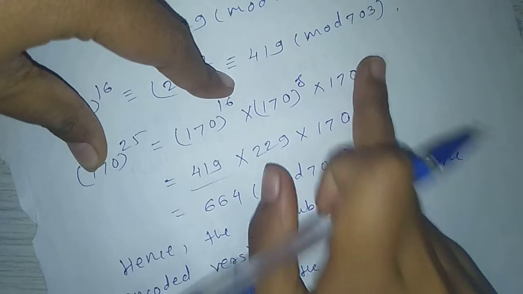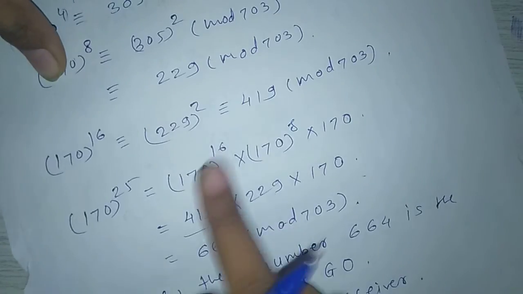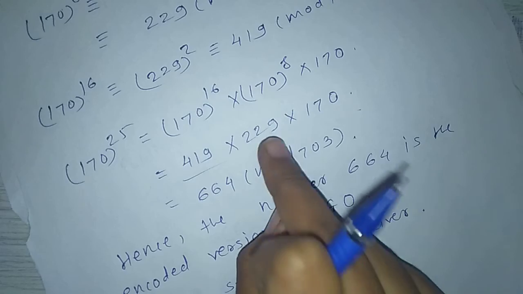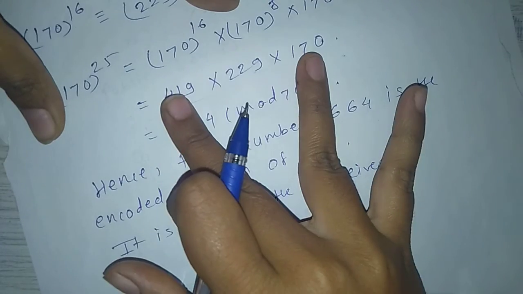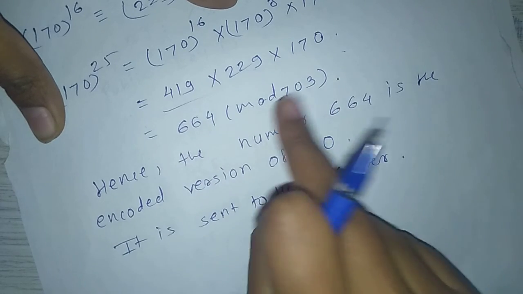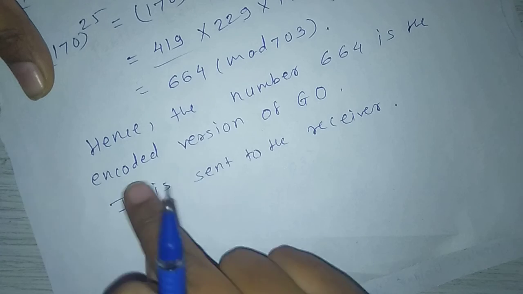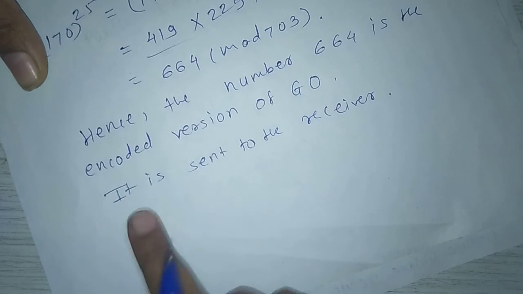Adding 16, 8, 1, we get 170 raised to 25. And these are congruent to 419, 229 into 170. After calculating this term under modulo 703, we get 664 modulo 703. Hence, the number 664 is the encoded version of Go. It is sent to the receiver. Here we stop.